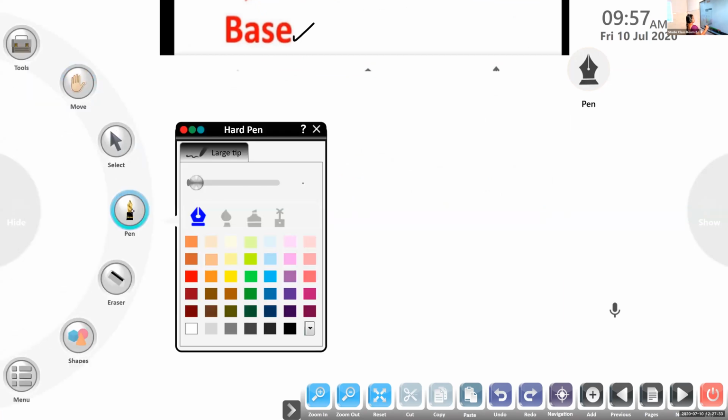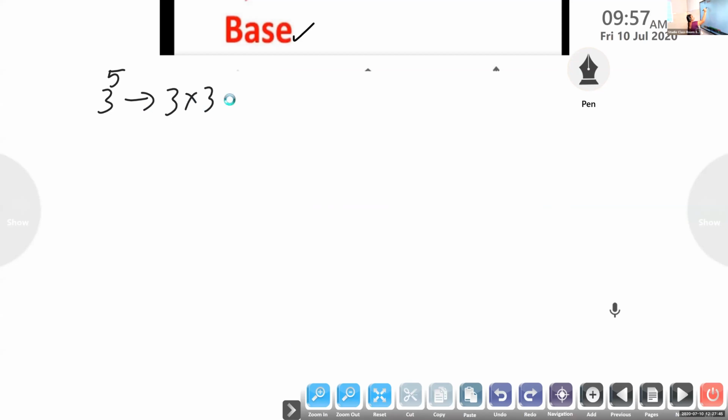Now, 3 raised to 5. What is 3 raised to 5? It is 3 into 3 into 3 into 3 into 3. Okay.